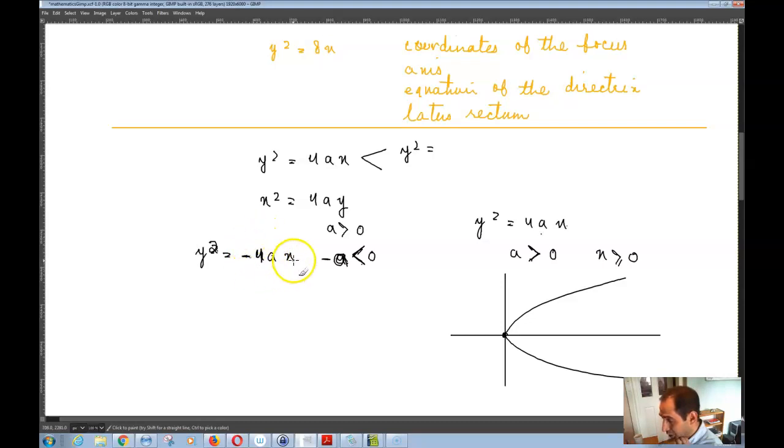So then x has to be a negative value so that the overall value over here becomes positive.